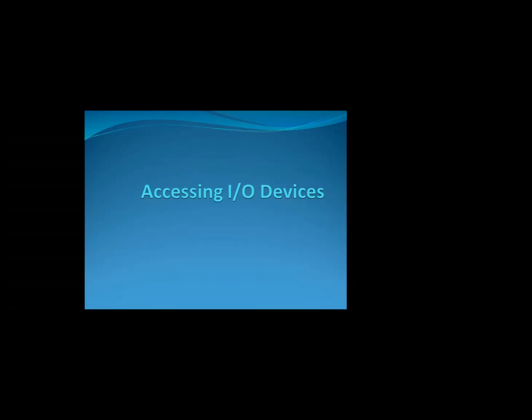The first topic is accessing IO devices. How the IO devices are accessed, nothing but accessing data. How the data is accessed from the input device. The processor is accessing the data from the input device. The instructions and the data are given to the processor or memory from the input device.